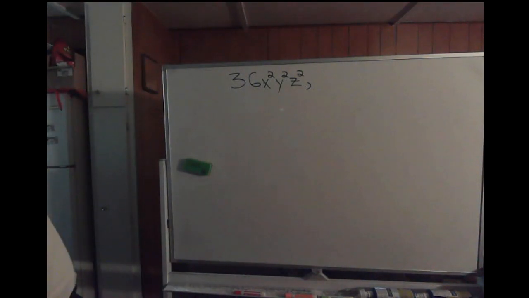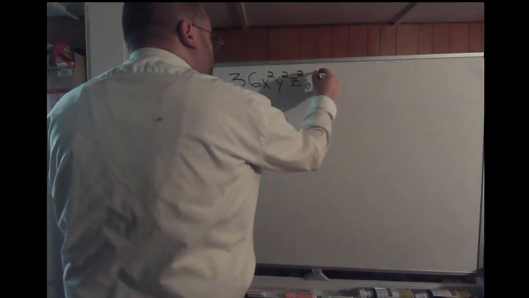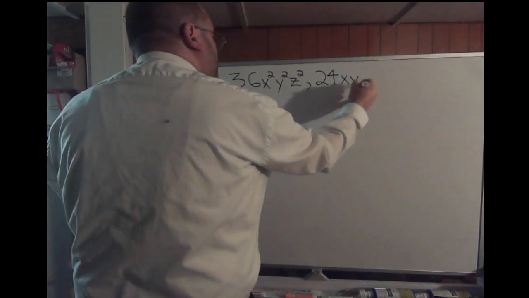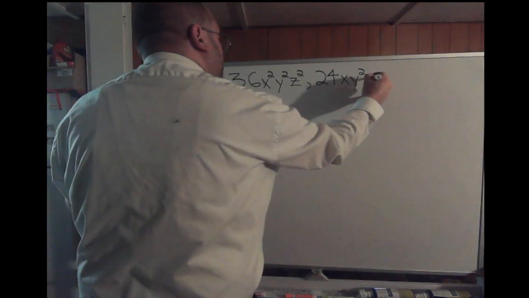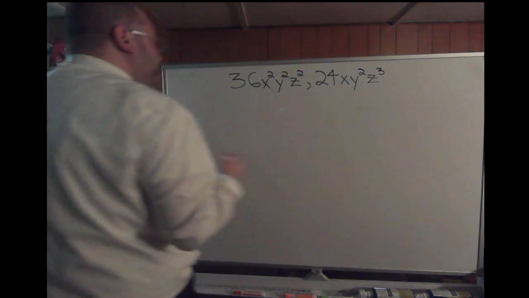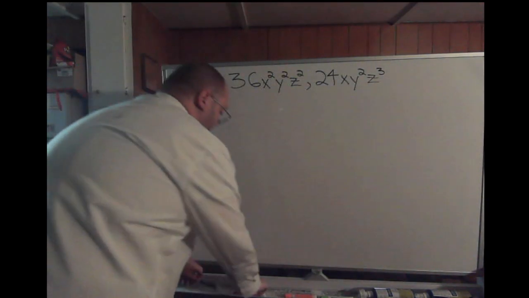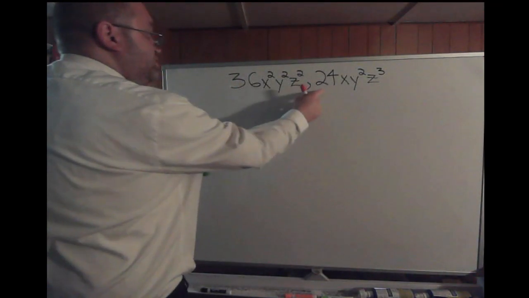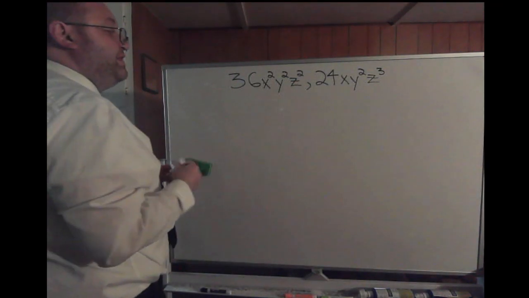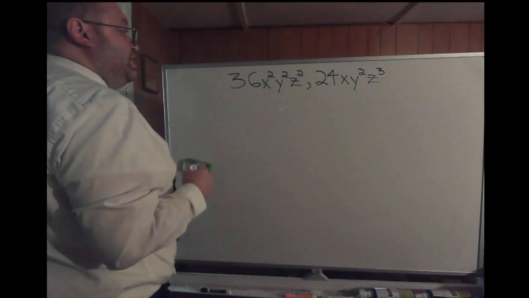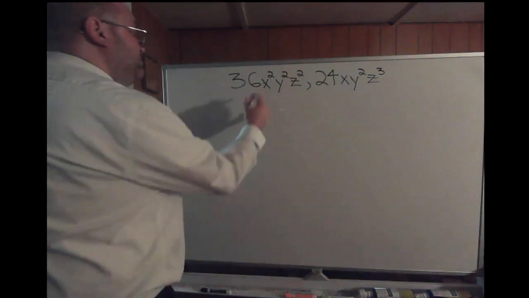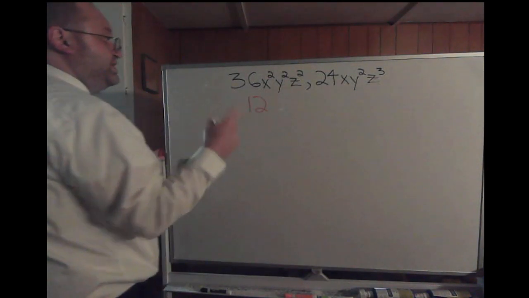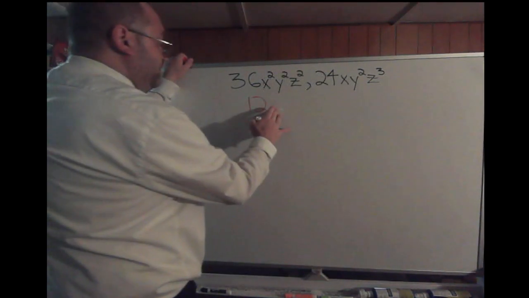And then we have 24x y squared z cubed. Alright. So again, first start with your coefficients of 36 and 24. What's the greatest common factor of those two? Of 36 and 24, that'd be 12. 12 is the highest common factor that goes into 36 and 24. So we got the 12.